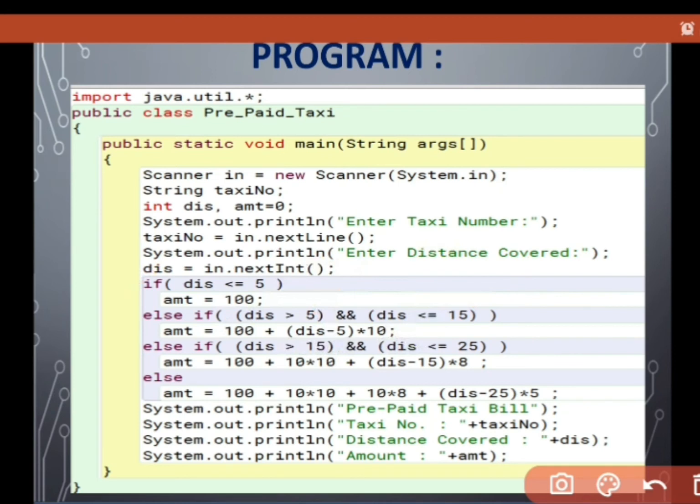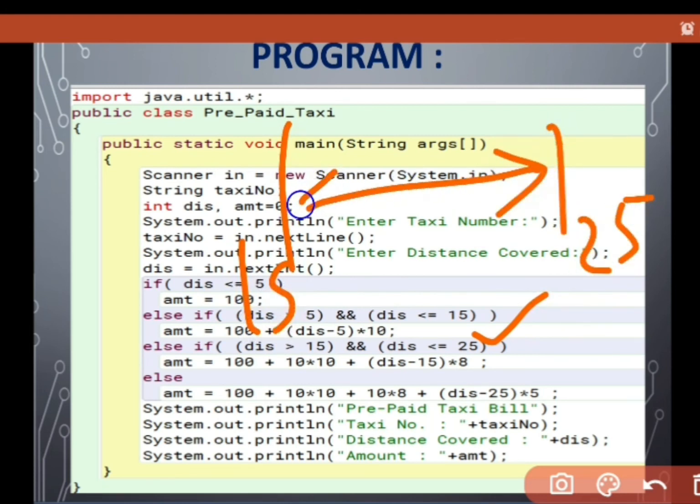If more than 15 kilometers and smaller than or equal to 25 kilometers, previous 100 I have to pay, the next 100 I have to pay, and then after subtracting 15 from the distance I have to pay 8 rupees per kilometer.